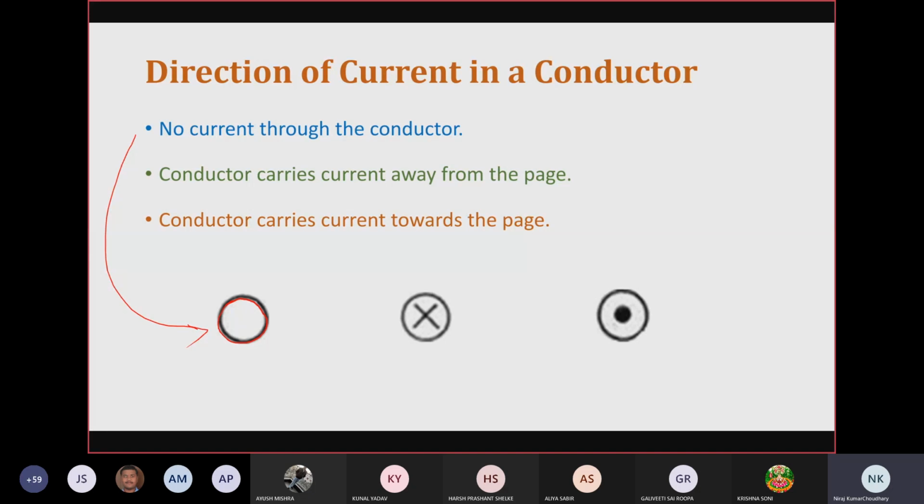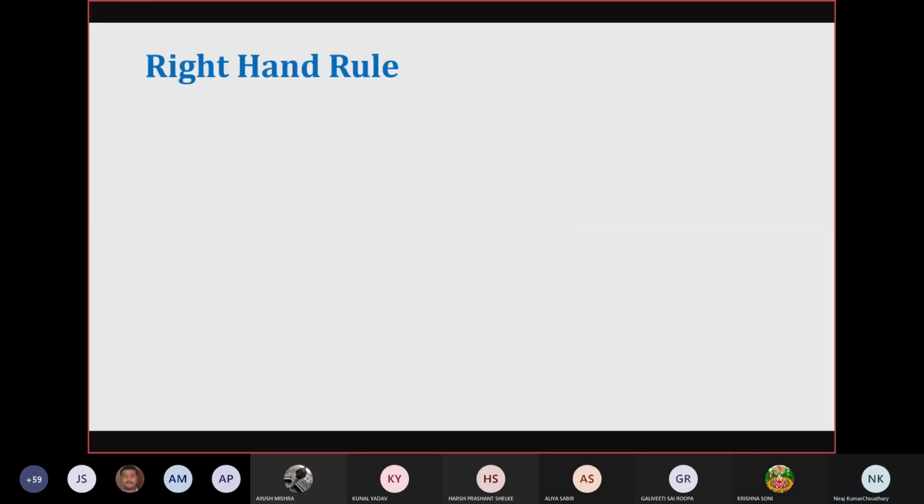Now in the second case, if a cross is mentioned inside the circle, it means the conductor is carrying the current away from the page, means inside the page. Cross means the assumption is that current is going inward, okay? So this is your second condition, and the third one, if a dot is mentioned, it means that current is coming outside the page, right? Means as you are reading, the current is coming towards you, right?